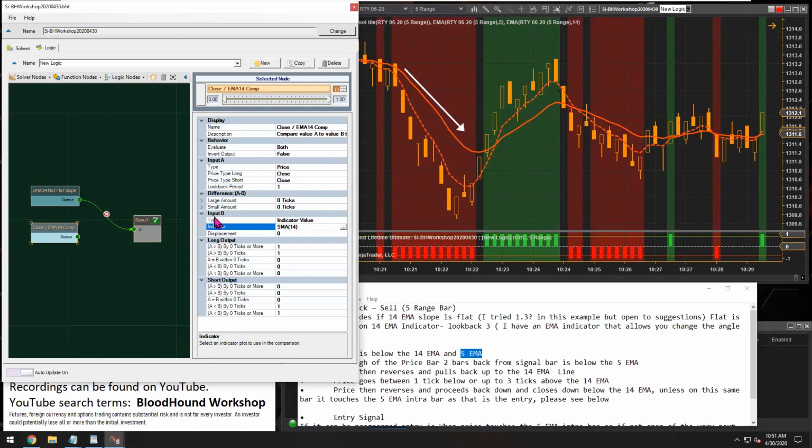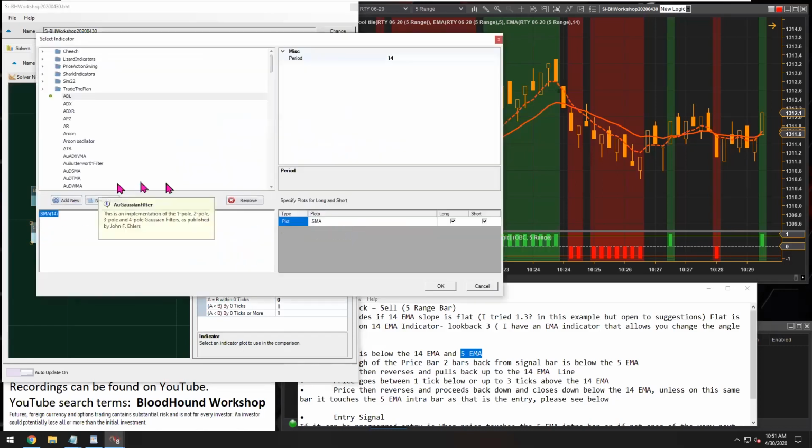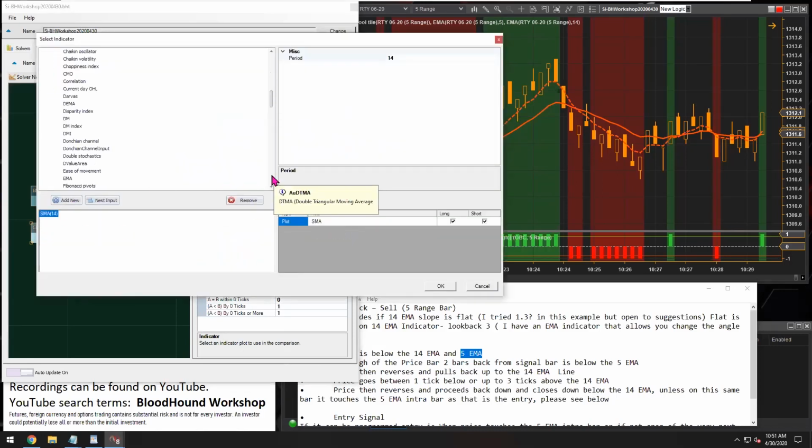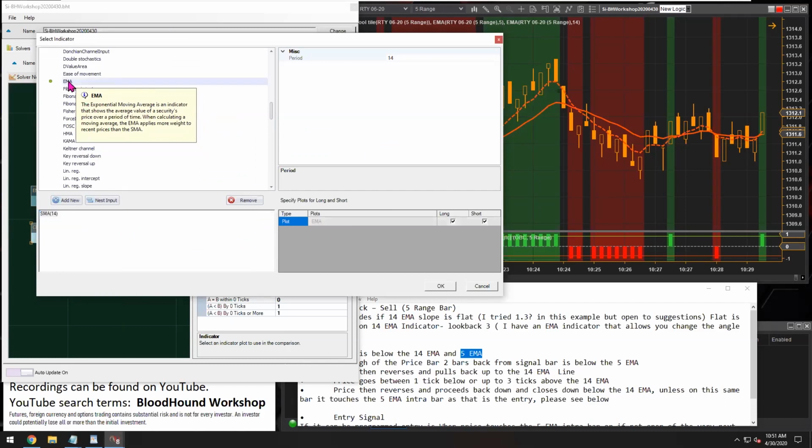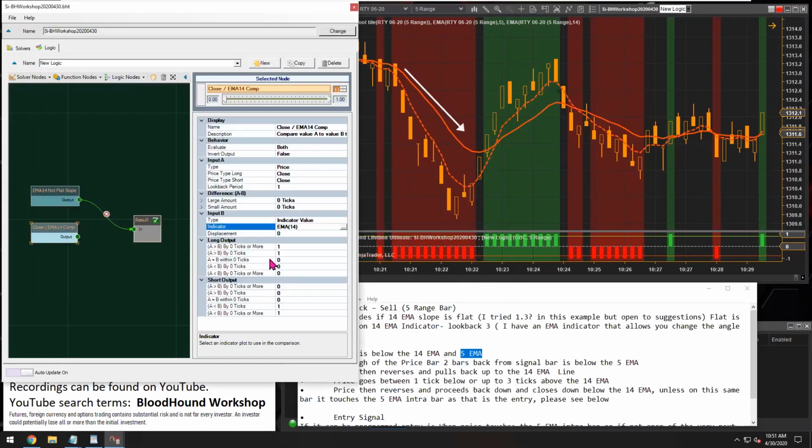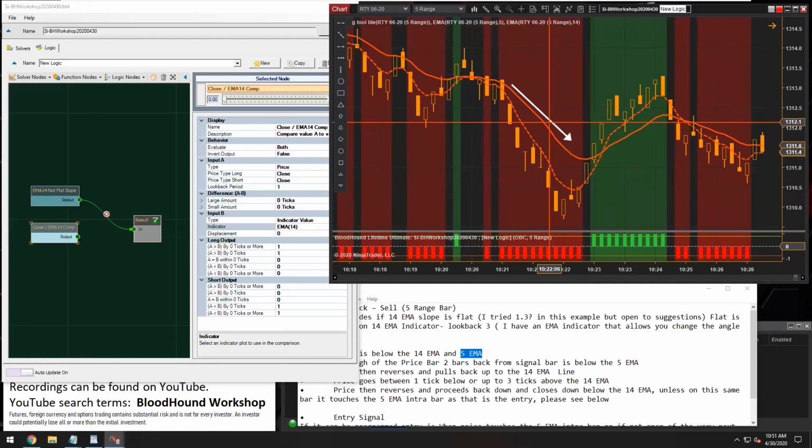And then down here for input B, this will be our EMA. So let's go and plug in the EMA. All right, there's our EMA, and 14 period is already defaulted for us. And get rid of that. So here we go.